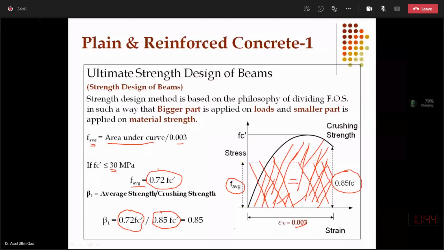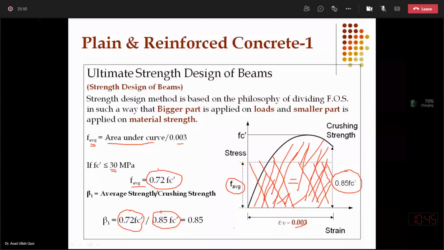The Greek letter beta is used, with the subscript 1. This is the ratio of F average, based on the actual curve, over the crushing strength, which is assumed to be 85% of the peak. I will get beta 1 equal to 0.85.